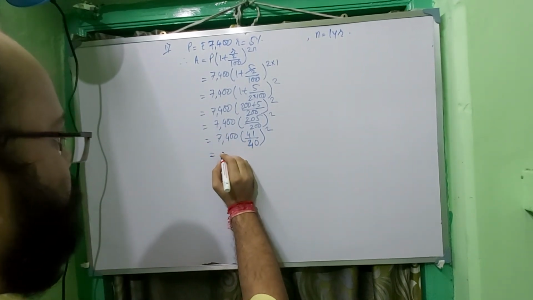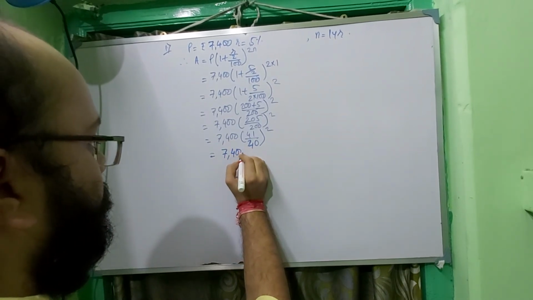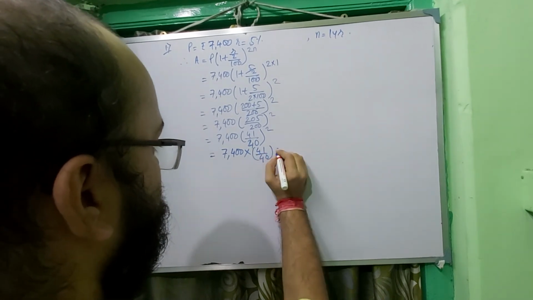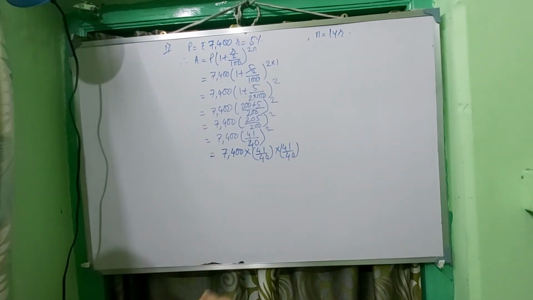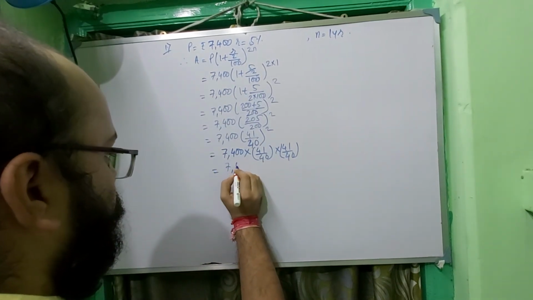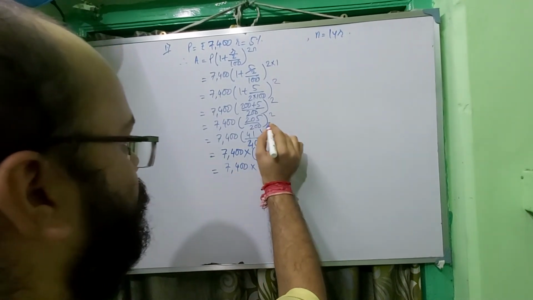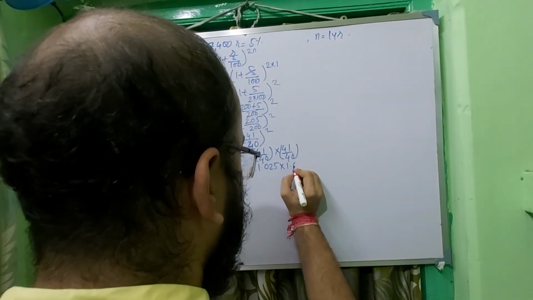You can do it like that also. 7,400 into 41 by 40 into 41 by 40. 41 divided by 40 is 1.025 into 1.025. As it is square, so I am multiplying twice 1.025.